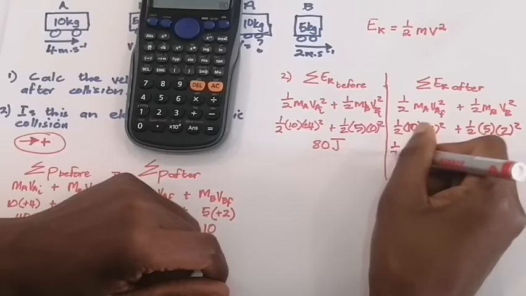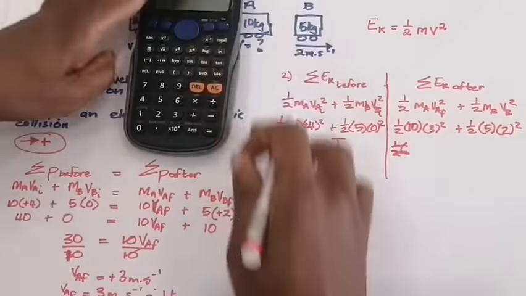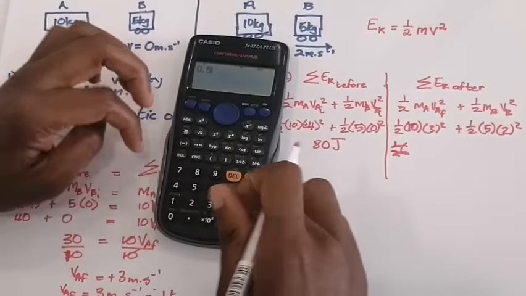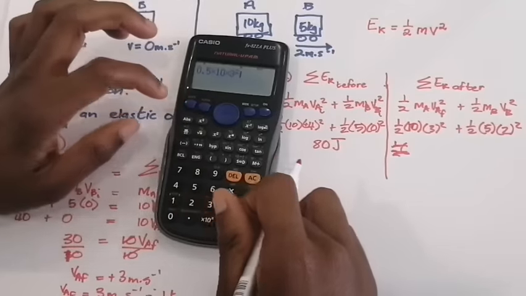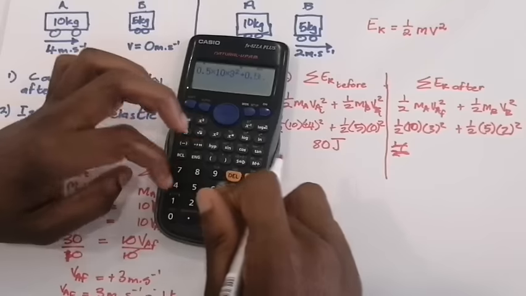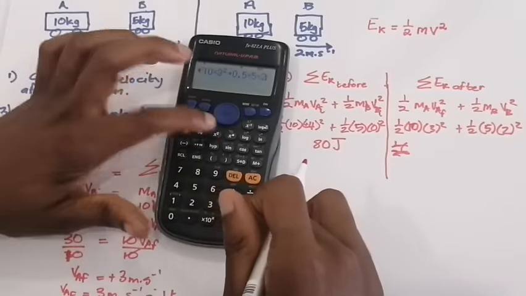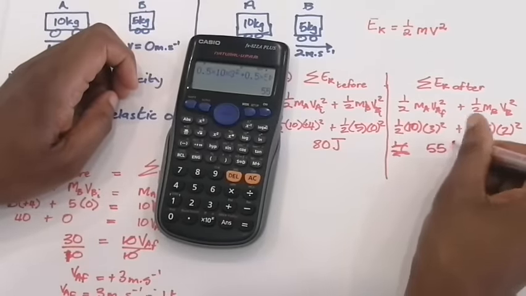Let's just put that in the calculator. I'm going to say 0.5 times 10 times 3 squared plus 0.5 times 5 times 2 squared. Okay, so that gives us 55 joules.